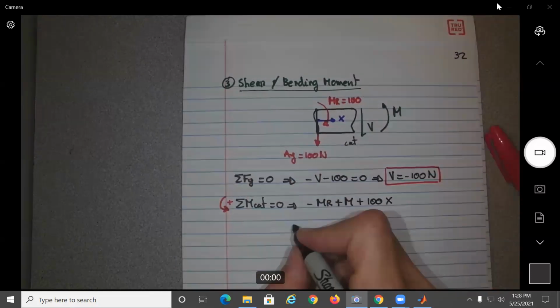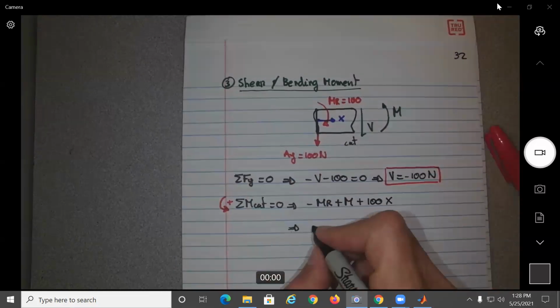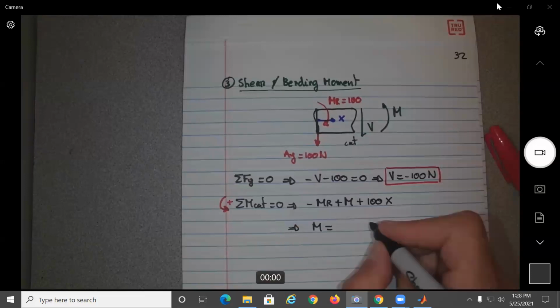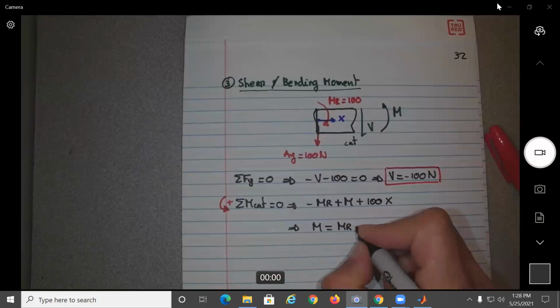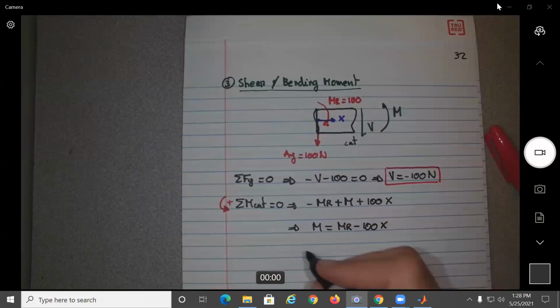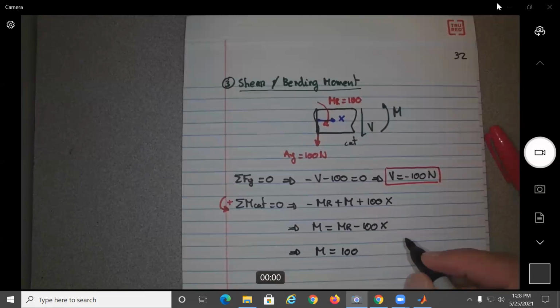So this will give us that M is equal to Mr minus 100x, which will give you that M is equal to 100 minus 100x. I think it would be easier to look at it that way.